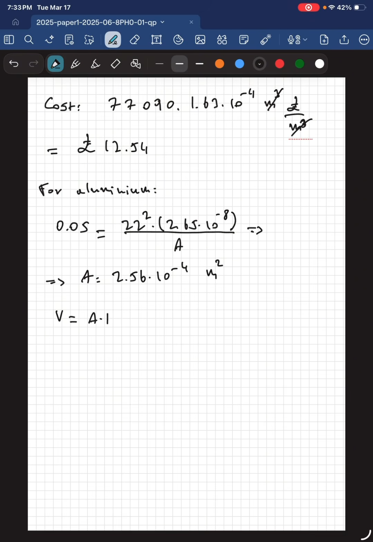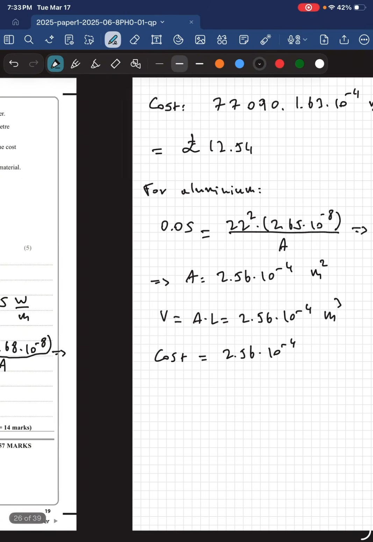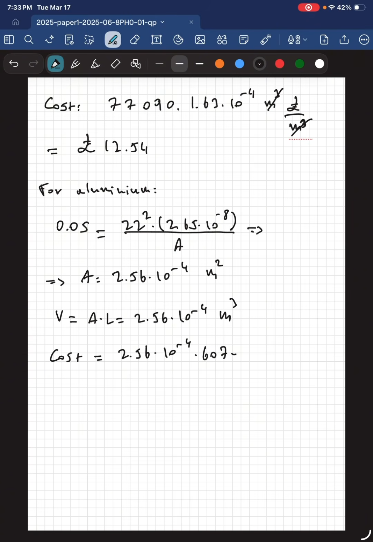So the volume is A times L, which is 2.56 times 10 to the negative 4 cubic meters. And the cost will be 2.56 times 10 to the negative 4 multiplied by 6,070 pounds per cubic meter, or 1.56 pounds.